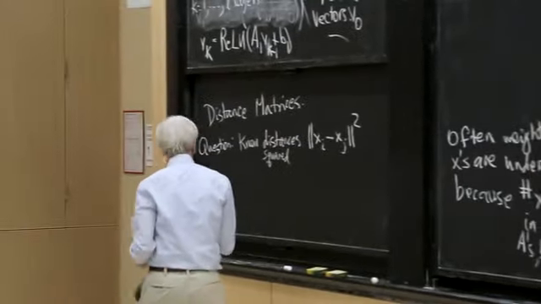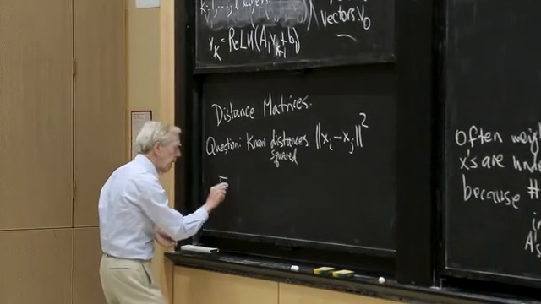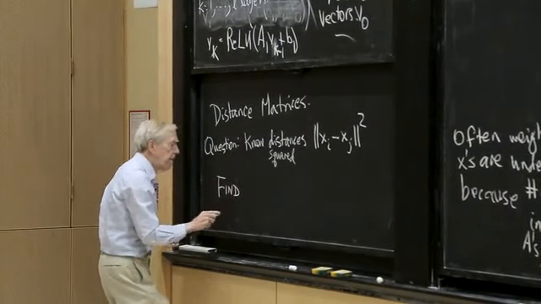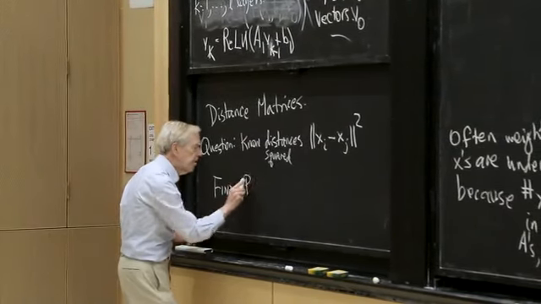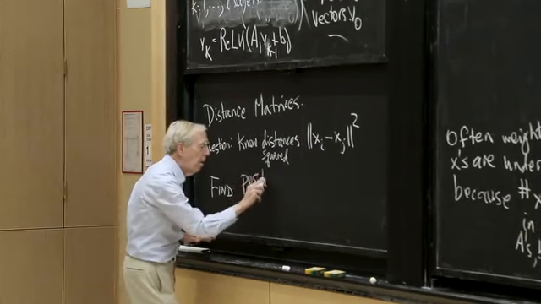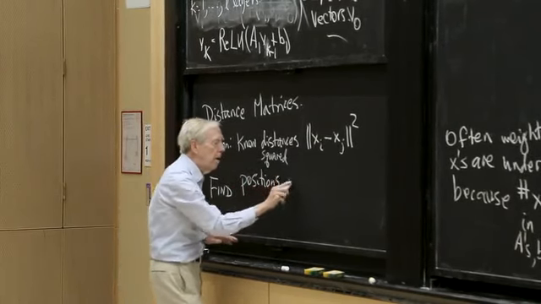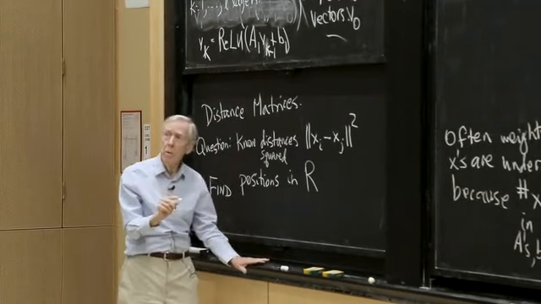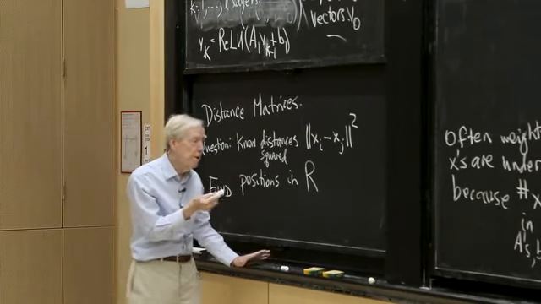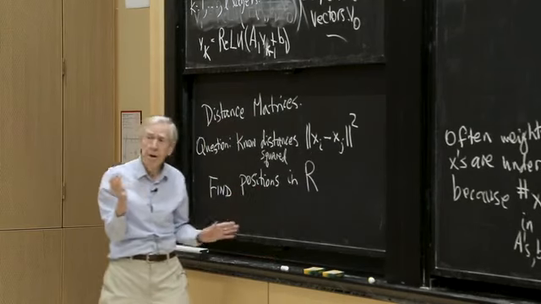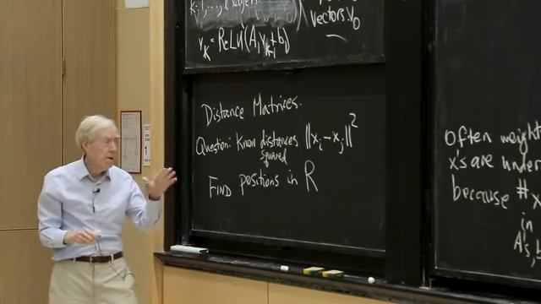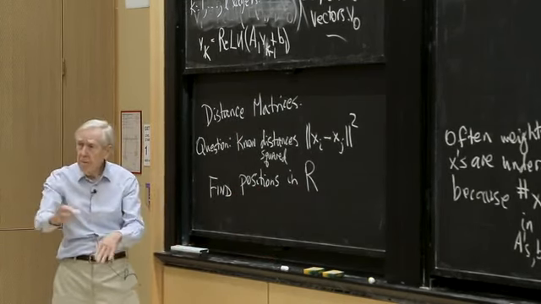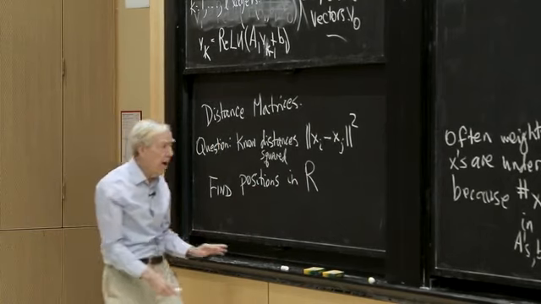That's the question. So let me talk a little bit about this question and then pause. Find positions in space. But we don't know ahead of time whether the space is ordinary 3D space, or whether these are sensors in a plane, or whether we have to go to higher dimensions.